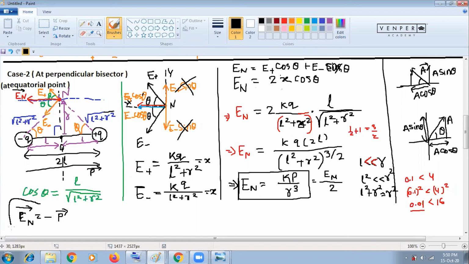That means they both are anti-parallel, or in opposite directions, because you see it is rightward, that is leftward. That's why E_n vector is minus of P vector. So I hope you are understanding, all of you. Please write this. If there are still doubts, please ask. These two cases you remember. They can ask these two cases, any case they can ask. You can use the direct formula, no issues.